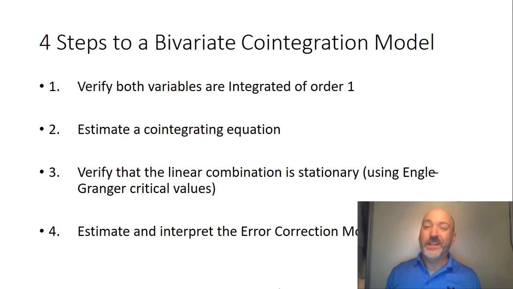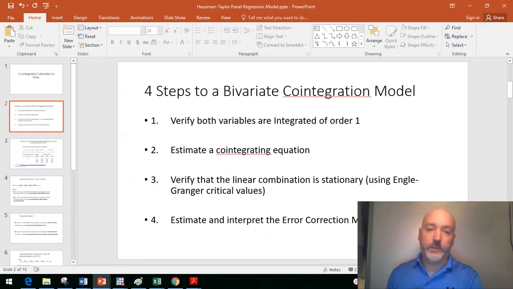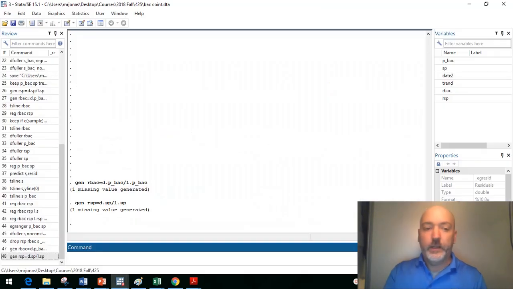We'll use essentially the Dickey-Fuller unit root test again, but with adjusted critical values, the so-called Engle-Granger critical values. And then lastly, once we have that co-integrating relationship established, we take advantage of it with this error correction model. We see if we can get a little extra forecasting or predictive power out of that equilibrium relationship. All right, so let's get back to the data and take a look.